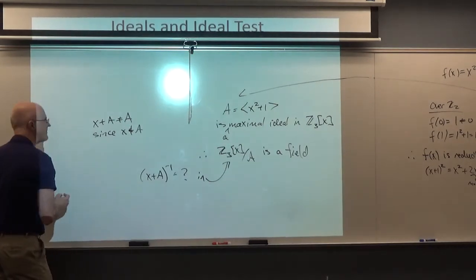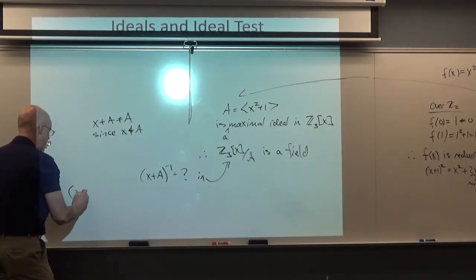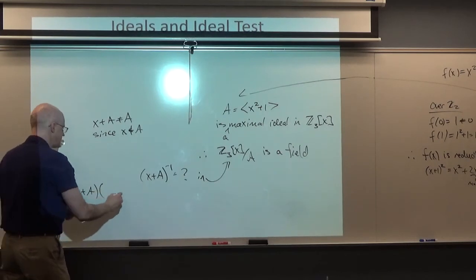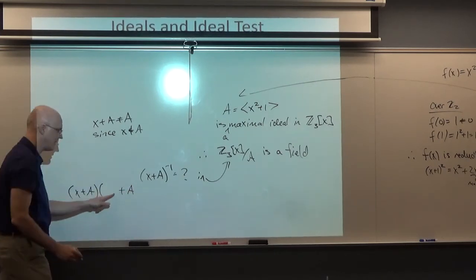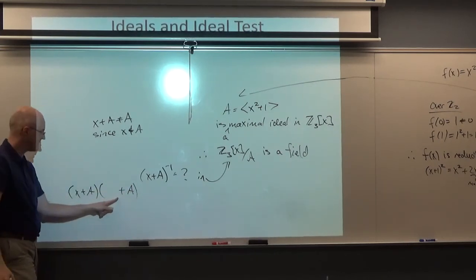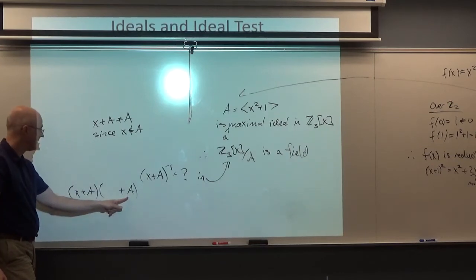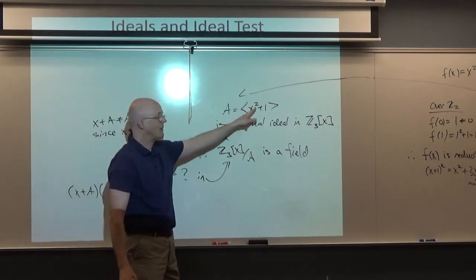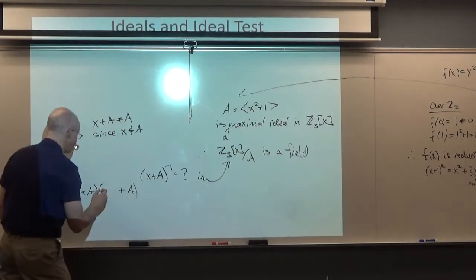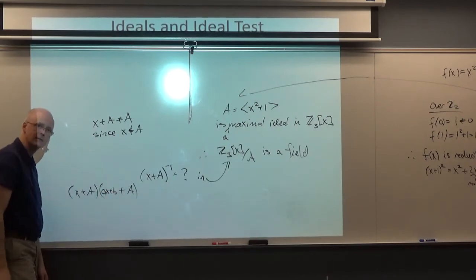What will it be? Well, theoretically, you might say it could be some arbitrary polynomial as the coset representative plus A, but in fact, it turns out, because this is quadratic here, you can get away with a linear polynomial as a coset representative.